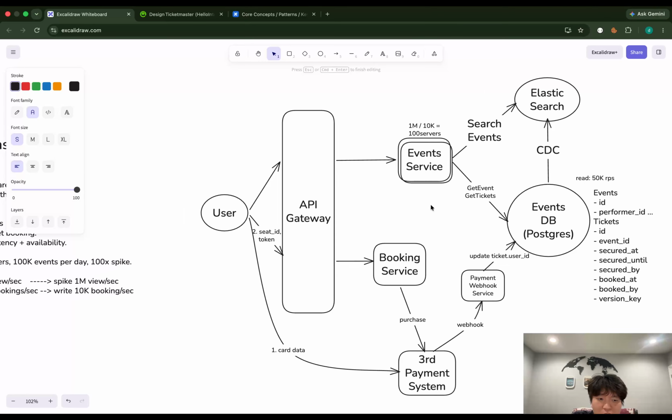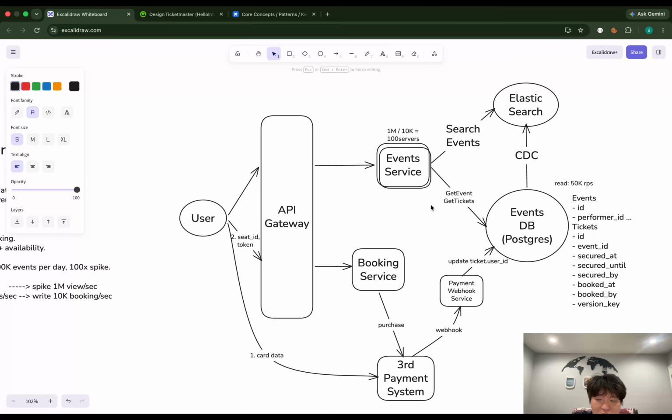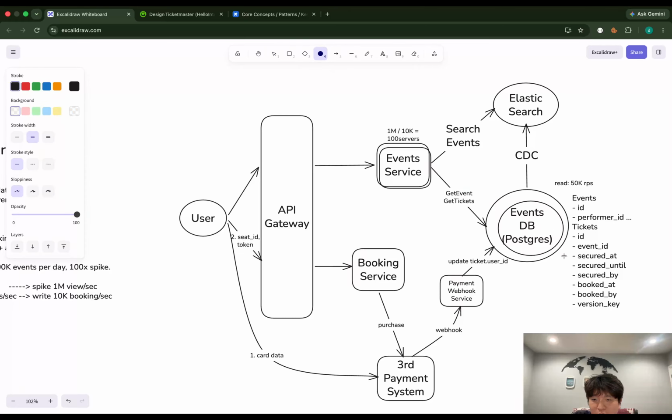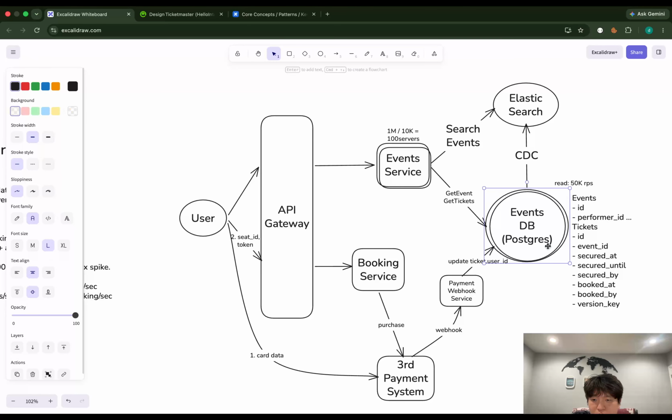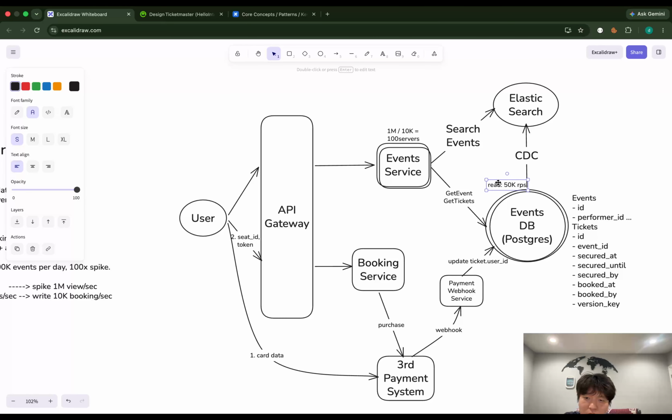So we need read replicas. So there are 20 read replicas. As I said, we can accept eventual consistency, so we can use read replicas. There are 20 read replicas. Okay.